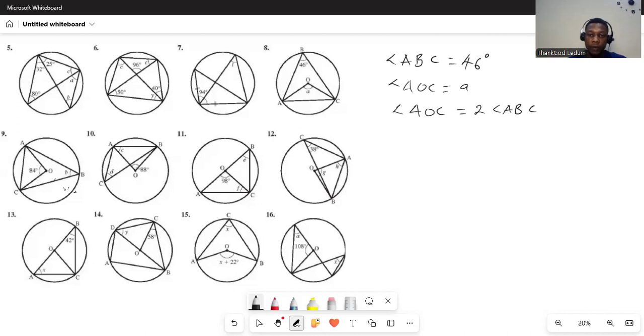So we have angle AOC to be the angle at the center, and our ABC to be the angle at the circumference.